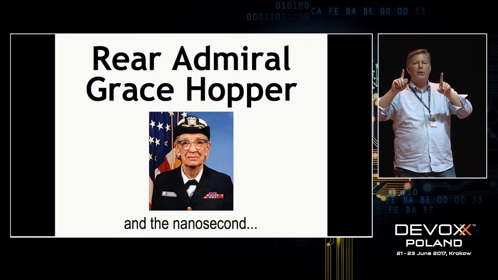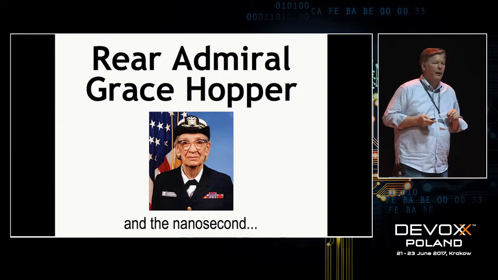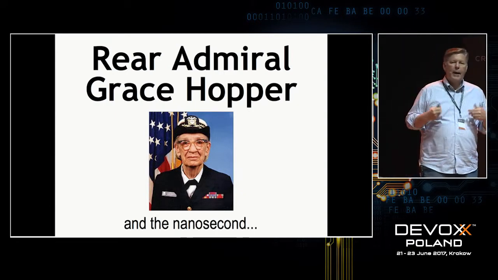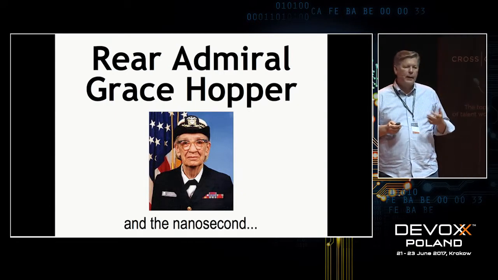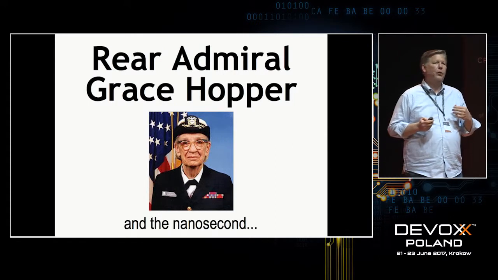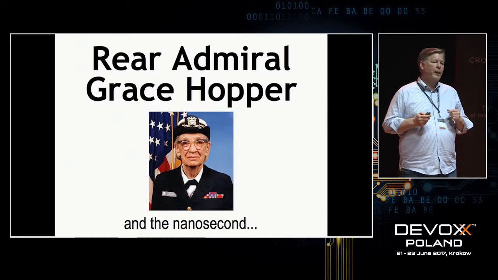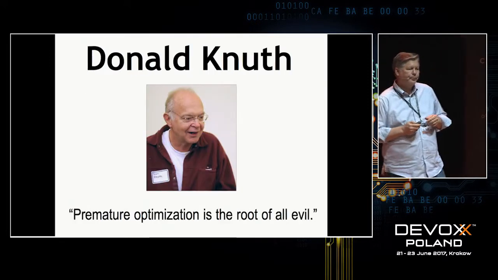Grace Hopper said, this is the distance that light can travel in 1 nanosecond. And she said there are too many nanoseconds that are wasted by software developers, and she would admonish software developers to clean up their act, to write software that was the most performant that it could be in a practical way.